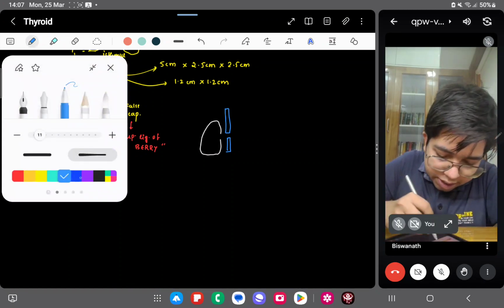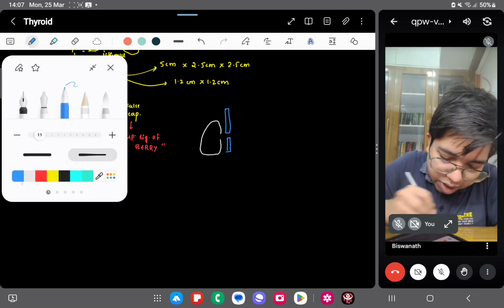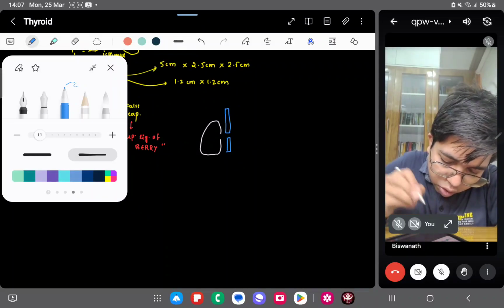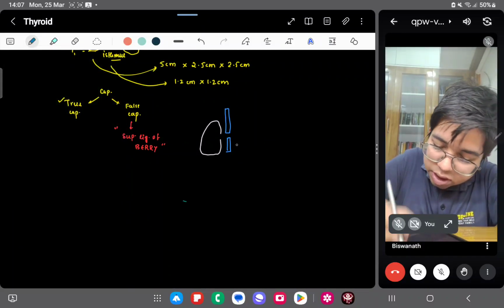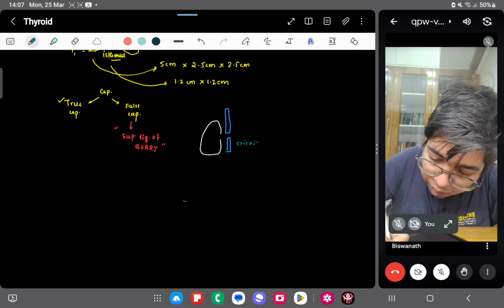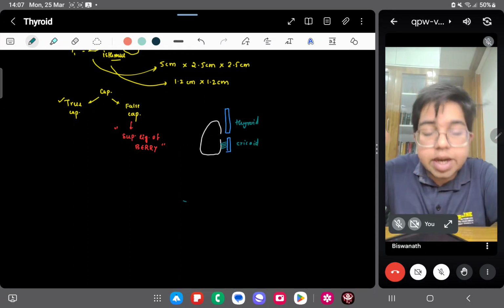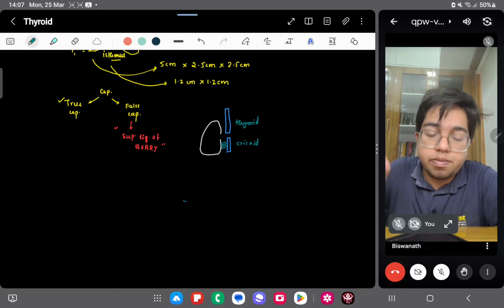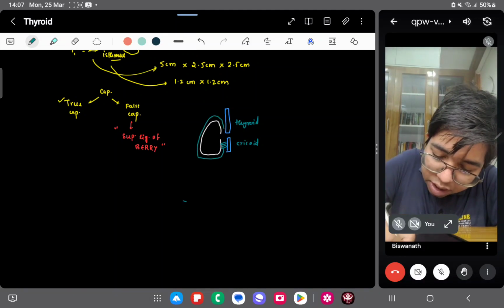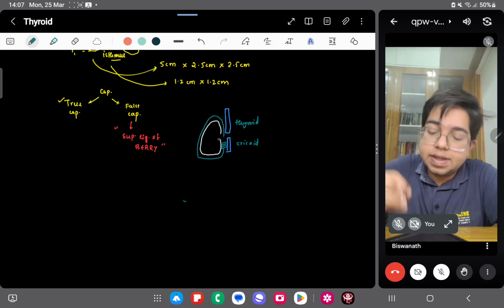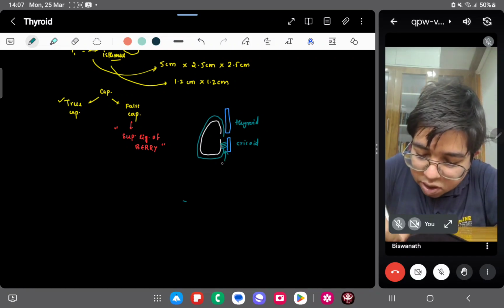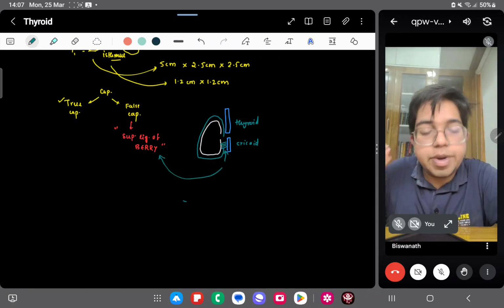There is a ligament connecting the capsule of the thyroid gland to the cricoid cartilage. This ligament is called the suspensory ligament of Berry.